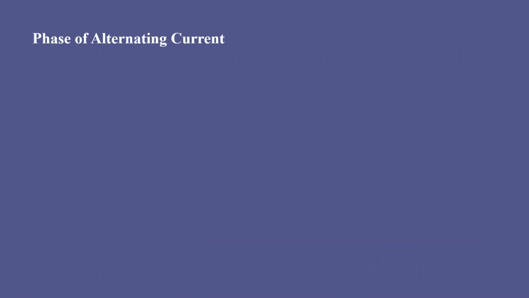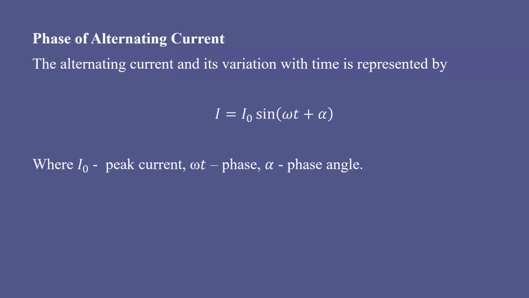Next, what do you mean by phase of alternating current? Okay, let us see what the phase of the alternating current is. The alternating current and its variation with time is represented by I equal to I naught sine(omega t plus alpha). An extra angle alpha is added to the equation of AC.